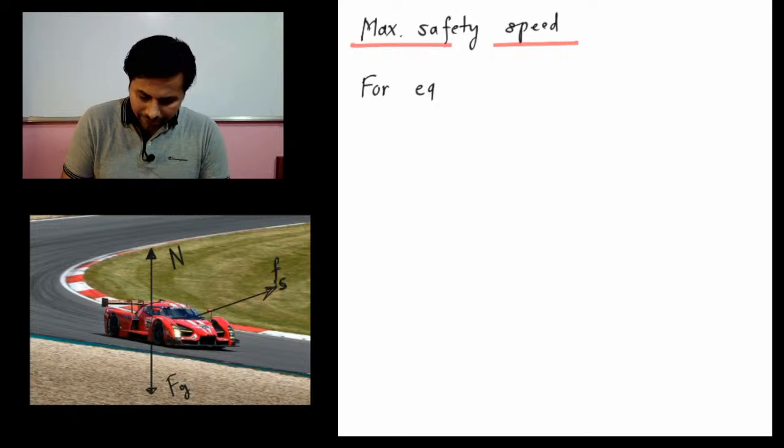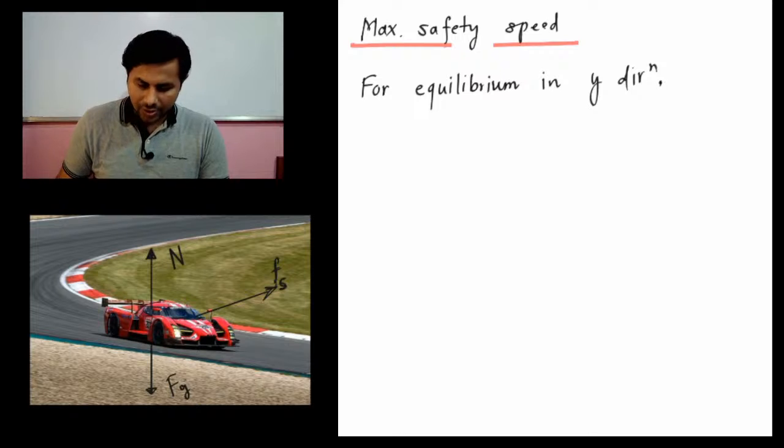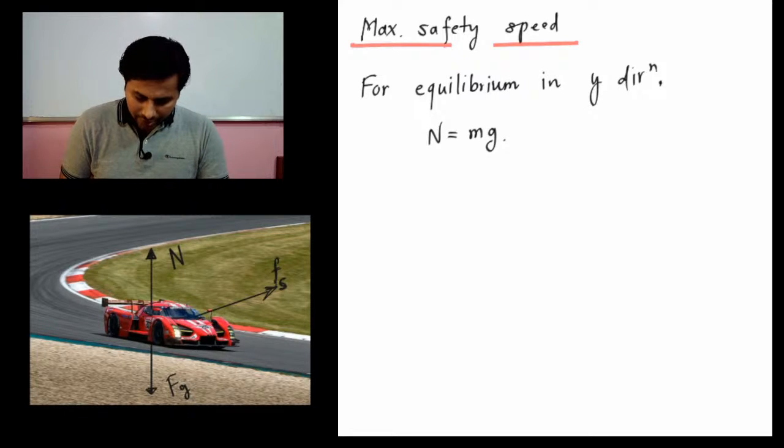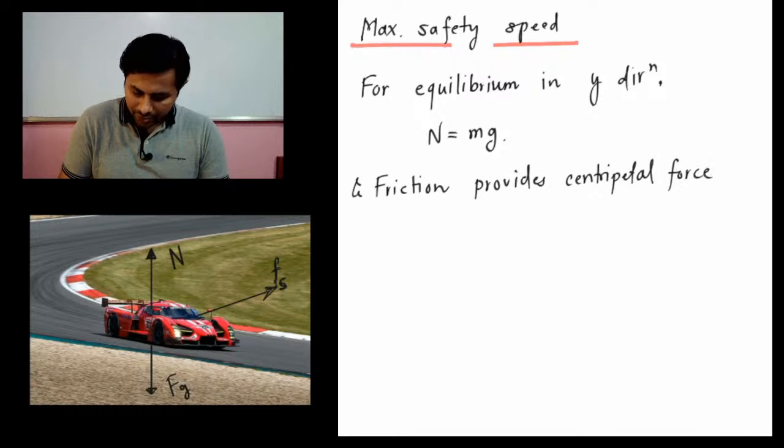So for equilibrium in the y direction, the normal reaction is equal to mg, and we have just discussed that it's the friction which provides the centripetal force. So friction provides centripetal force for this car.